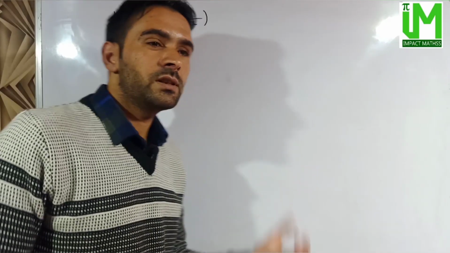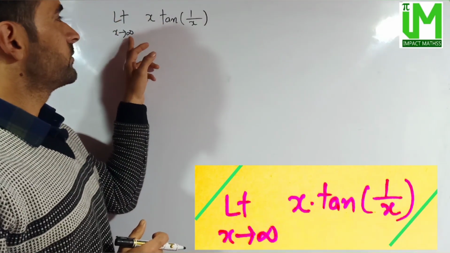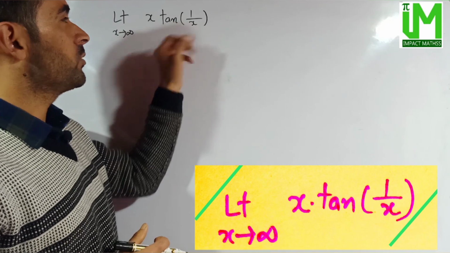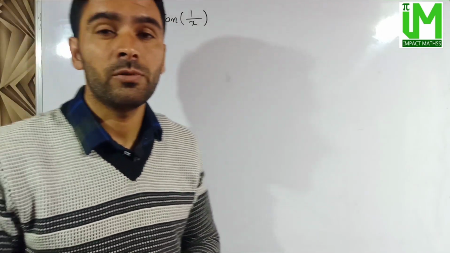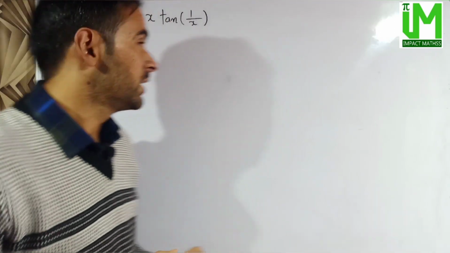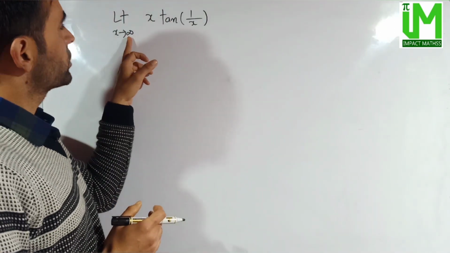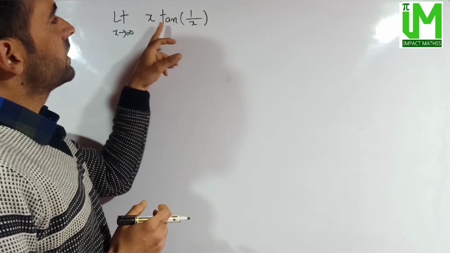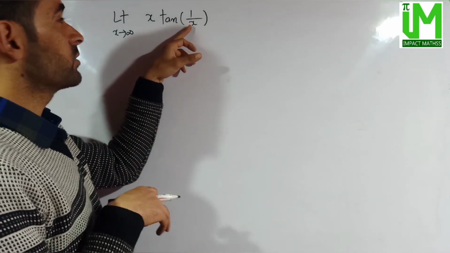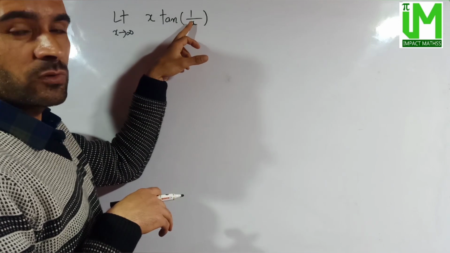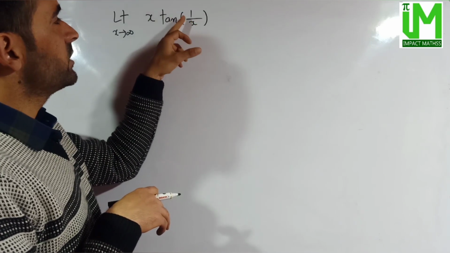So एक example देखते हैं, limit x tends to infinity x into tan of 1 by x. Now first we'll check whether this is an indeterminate form of the type 0 into infinity. So x infinity को जा रहा है, so this will be infinity. Tan of 1 by infinity is 0, so it will be tan 0 is 0, so this is infinity into 0.